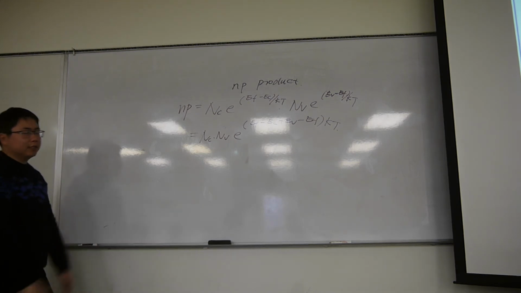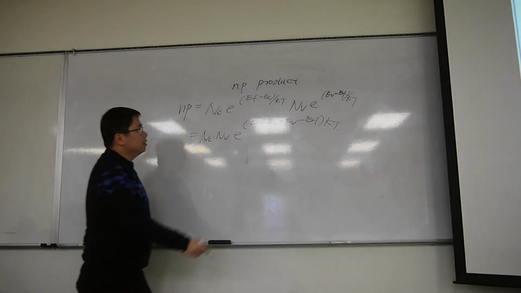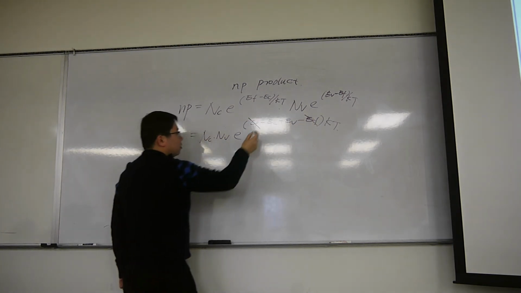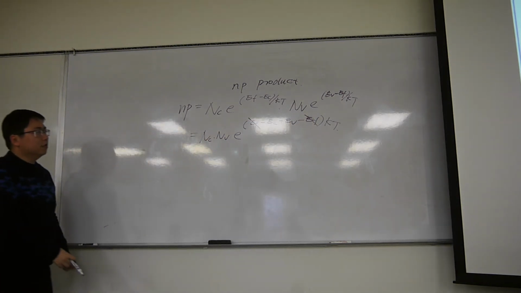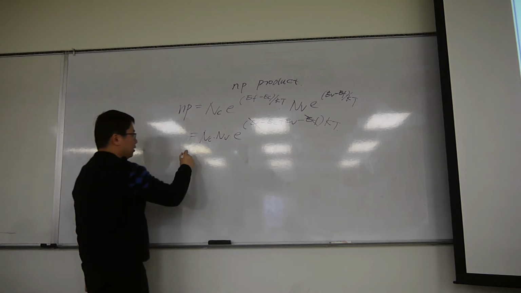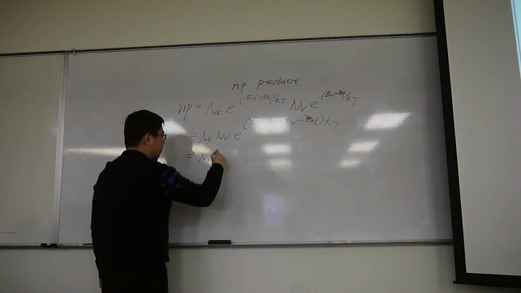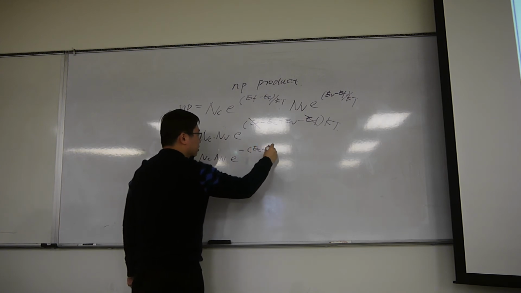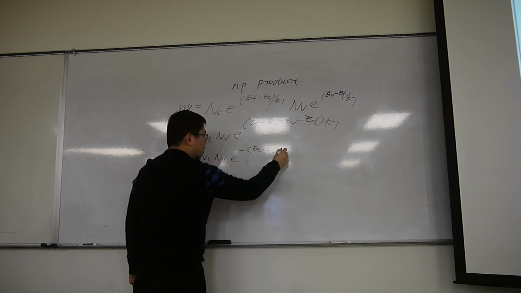You just combine the exponential terms together. So you will see that the EF cancels out. What is left is NC NV exponential of negative EC minus EV over KT.